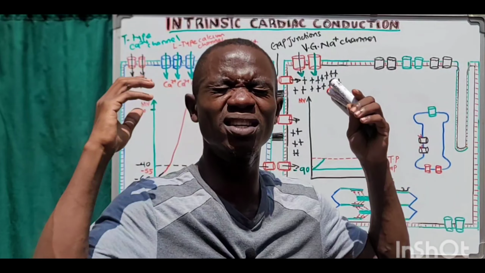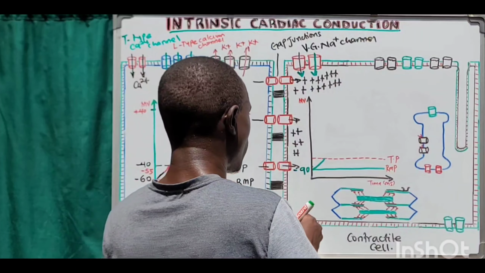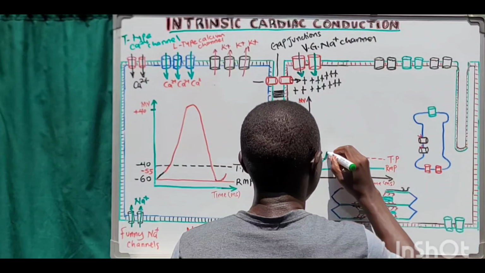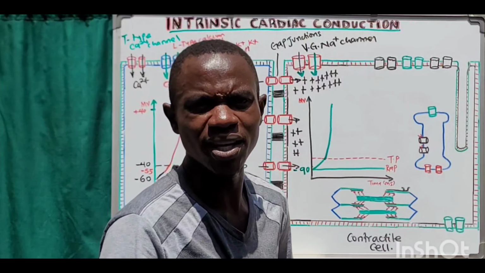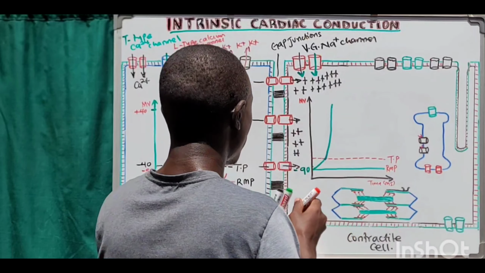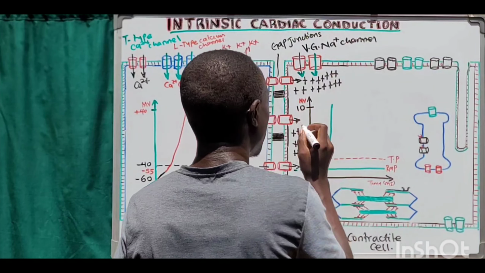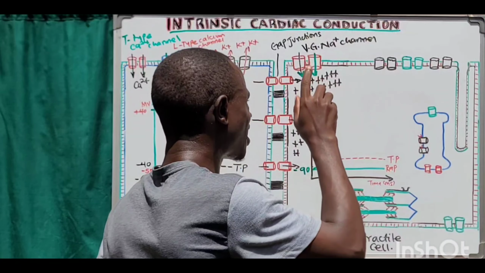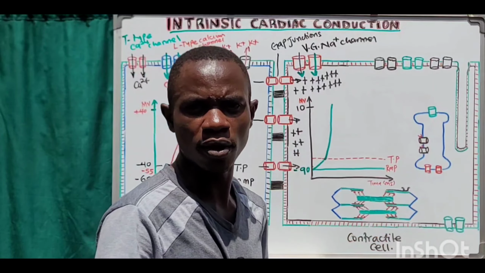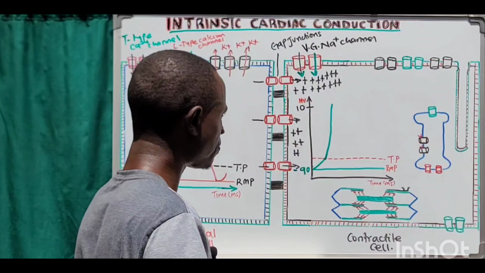How high can it go? It can generally go to approximately positive 10, and that's what we call the peak depolarization potential for this kind of contractile cell.